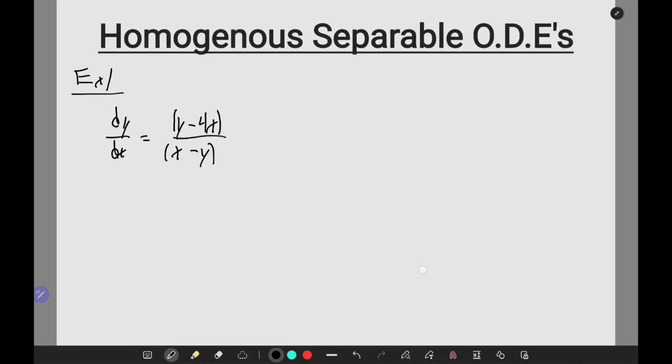If you multiply both sides by x minus y, you'll be left with (x minus y) dy. No matter what we try to do here, we cannot separate it. We'll always be left with an x with a dy and a y with a dx. We don't want that. It's not separable.